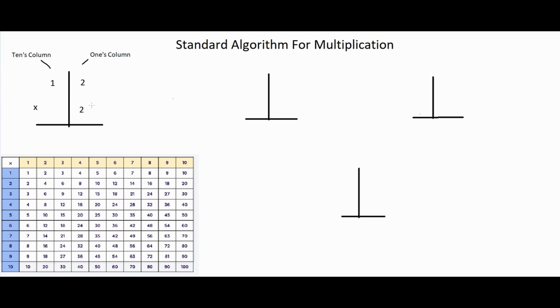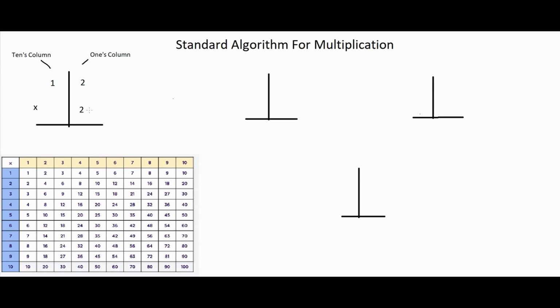Last time we learned how to multiply single digit numbers, so just like when we add or subtract, we break down the number into different digits, and then we add or subtract the smaller numbers. We can do something similar with multiplication.